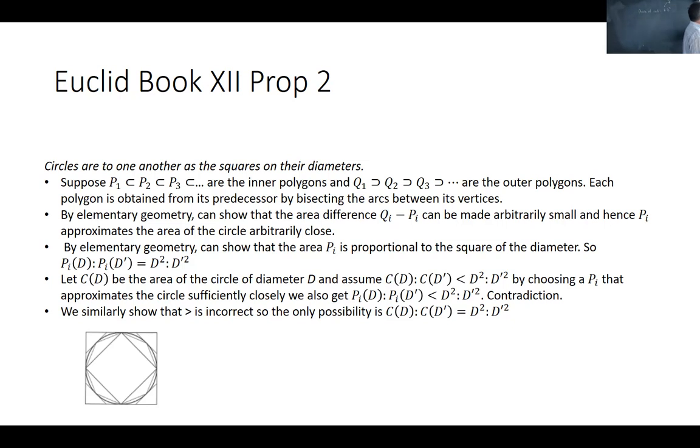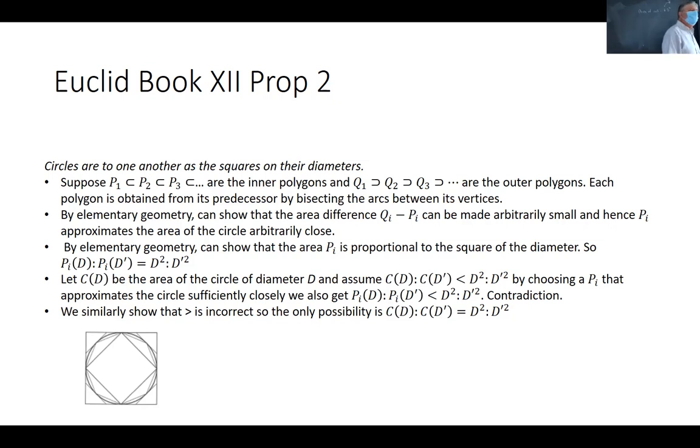So let that be the area of the circle with the diameter d, and assume that the ratio of the areas is less than the ratio of the diameters squared. Okay? So all you have to do is choose a polygon that approximates the circle sufficiently closely so that the ratio of the areas of the polygons is less than the ratio of the diameters squared. That's a contradiction.